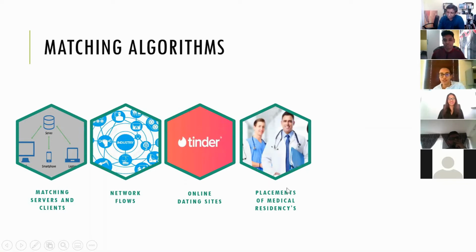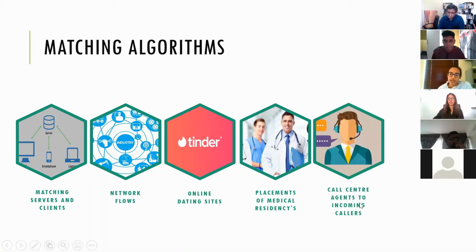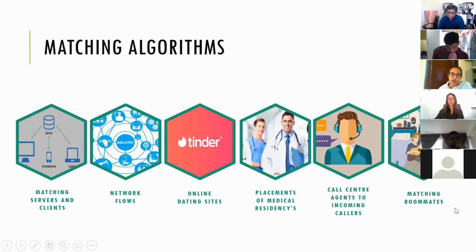I'm sure we've all got friends in the medical field that wait at the end of their schooling careers to find out where they're going to get placed across the country. Call center agents and incoming callers, and matching roommates at a boarding school or university. In varying degrees across the world, matching algorithms have been used with machine learning and AI methods as well.